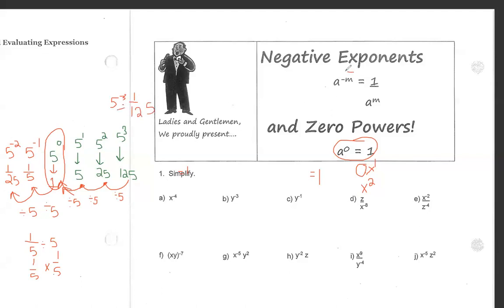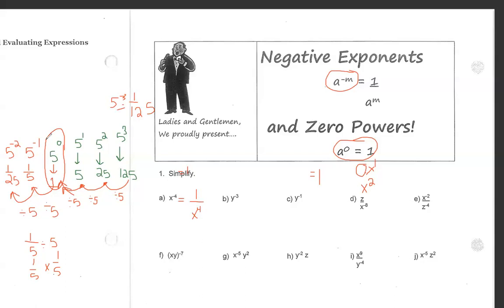So any negative exponent, what you're going to do in order to make it positive, in order to make it happy, is you're going to flip it to the bottom of the fraction. So for example, x to the negative 4th, in order to make it positive, you're going to flip it. So you're really going to say, okay, this is the same thing as 1/x to the 4th.